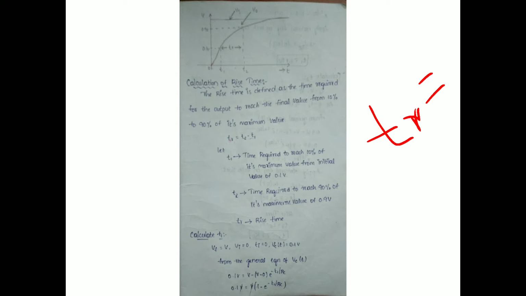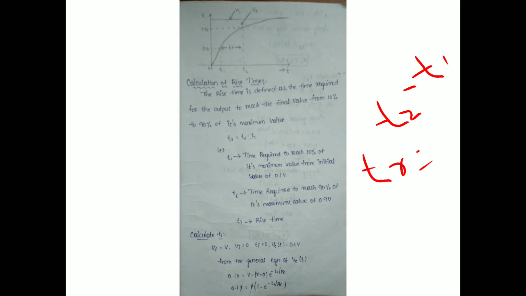Tr is equal to T2 minus T1. Tr is the rise time.